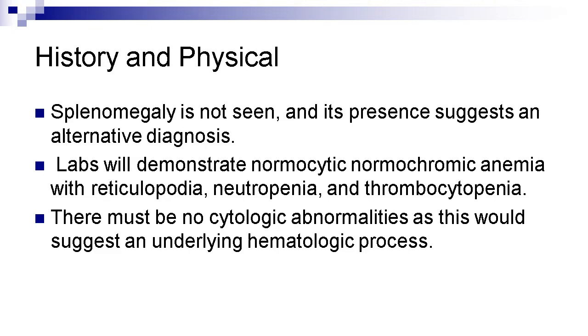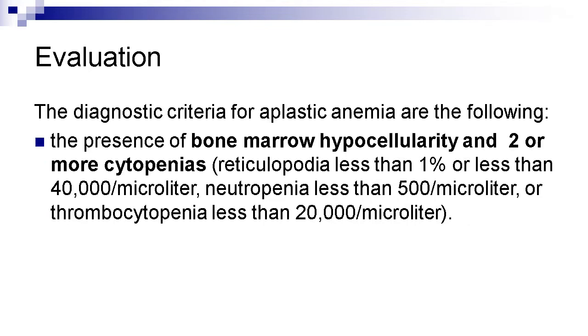Labs will demonstrate normocytic normochromic anemia with low reticulocytes, neutropenia, and thrombocytopenia. There must be no cytologic abnormalities, as this would suggest an underlying hematologic process. The diagnostic criteria for aplastic anemia are as follows.